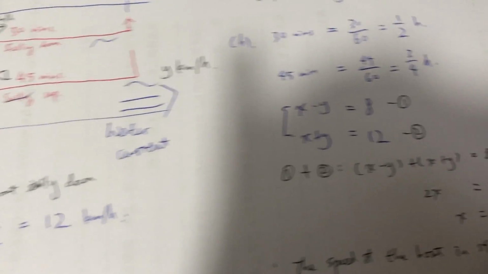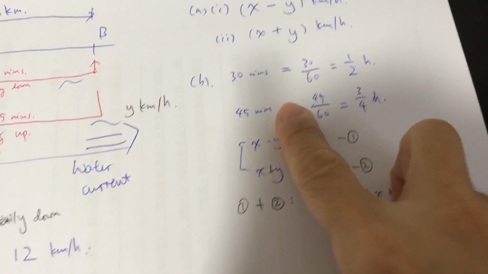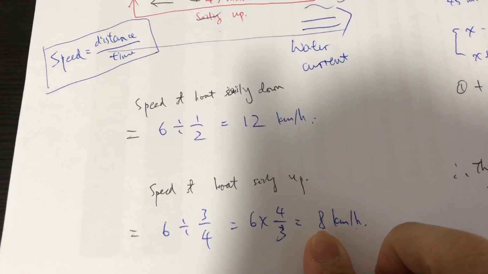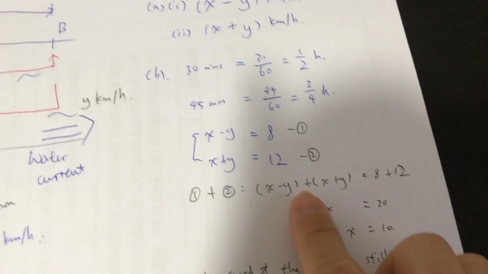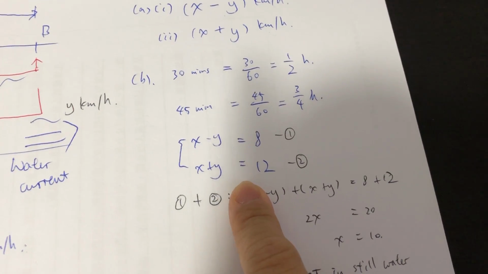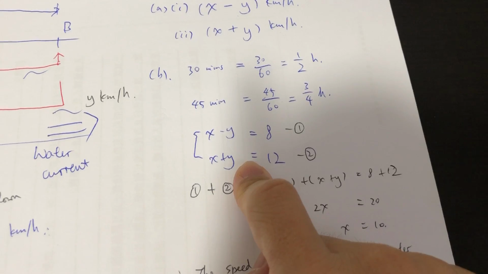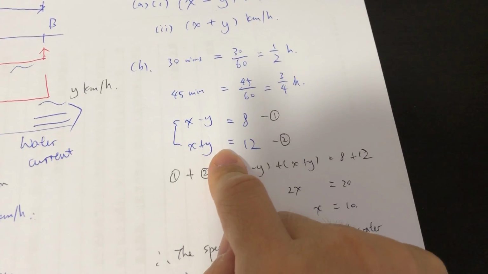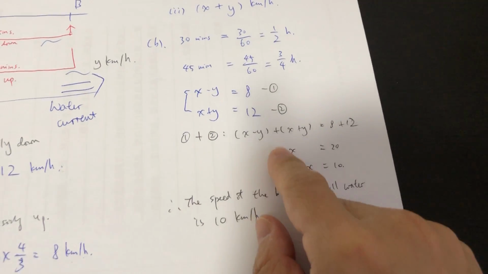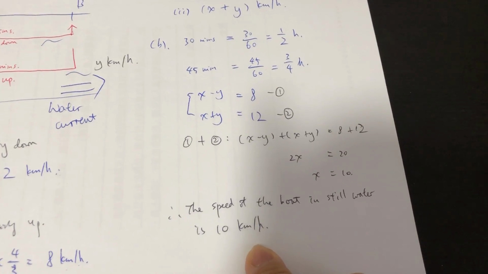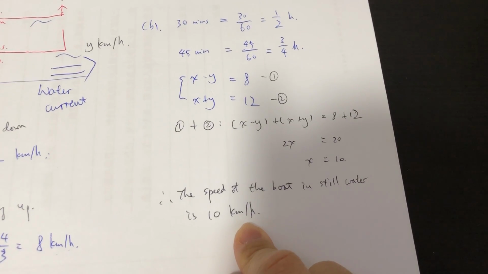Okay, so we convert the unit and write out the speed of the boat, and then we easily combine the answer from A and what we find from B to get 2 equations. The procedure to solve the equations is very easy, and then we find the answer x, that is the speed of the boat in still water.